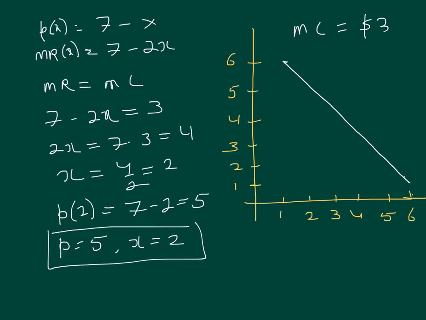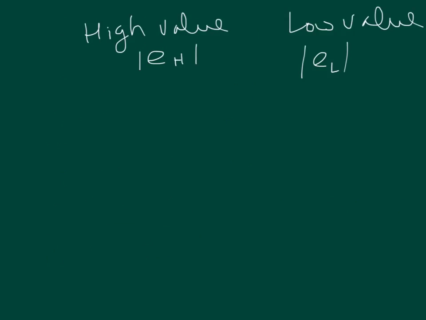So this is basically what price discrimination is. And it only works if you can segment your market between 2 kind of buyers. One group being the high value buyers and the other group being the low value buyers.